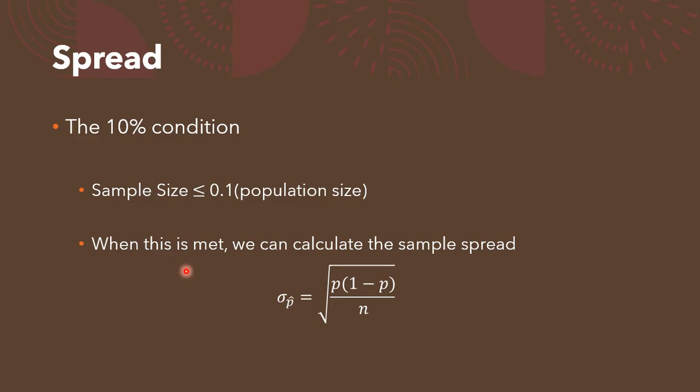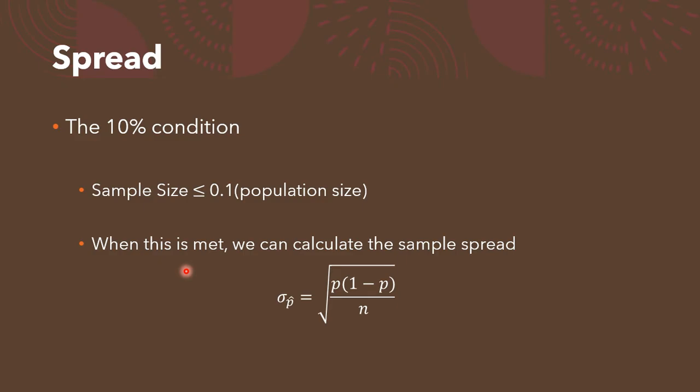So let's say your city has 1 million people in it, you want your sample to be less than 10% of 1 million people, which would be 100,000. So you want your sample to be less than 100,000. See, when you think about something that has a lot of people in it, it's very hard to get close to that threshold, because it's asking for a lot of people.